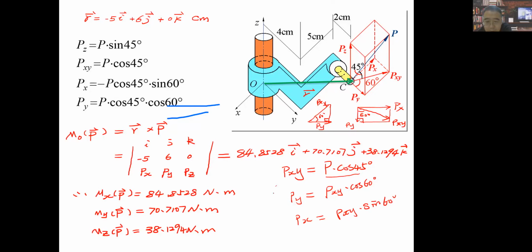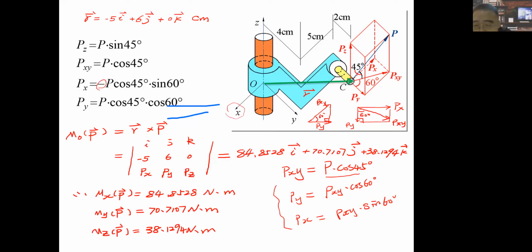So when we do the second calculation, we always should look at its direction. When we do another projection of pxy onto this axis to get px, you will find this direction is opposite to the positive direction of x, so we give a minus sign here.